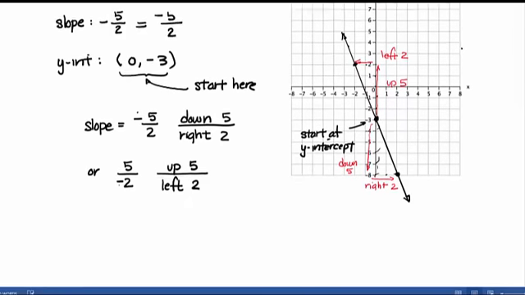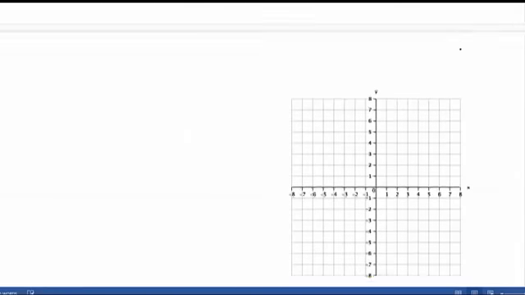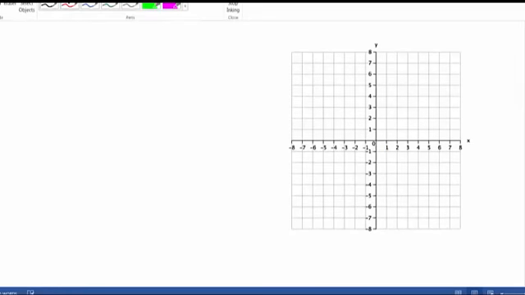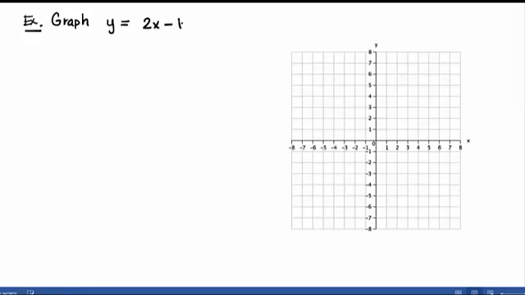Okay, let's try another one. So let's graph the equation y equals 2x minus 1.